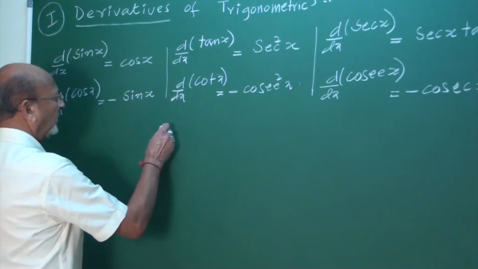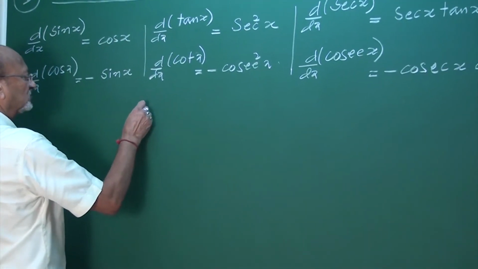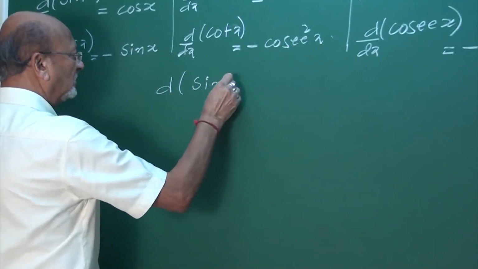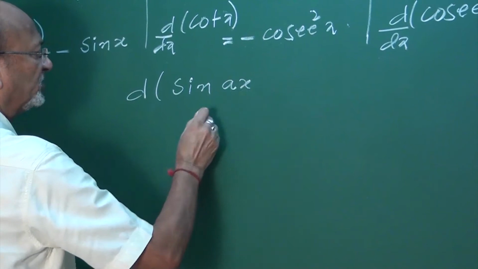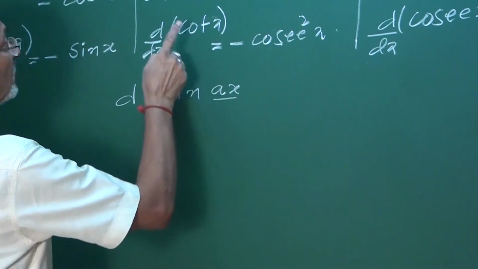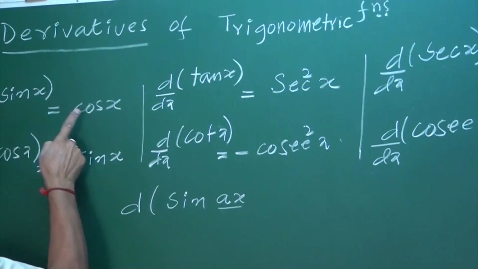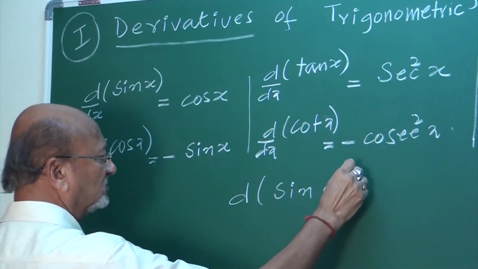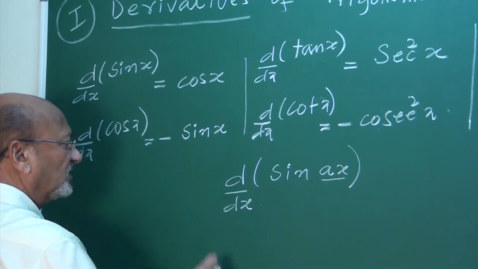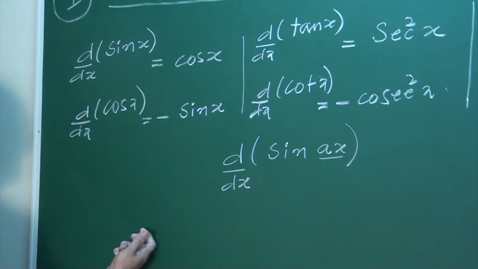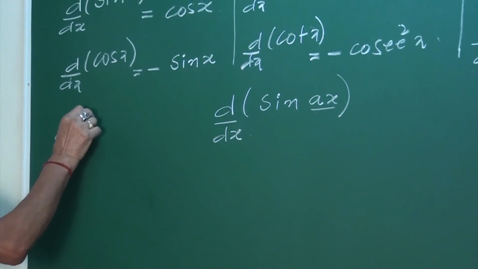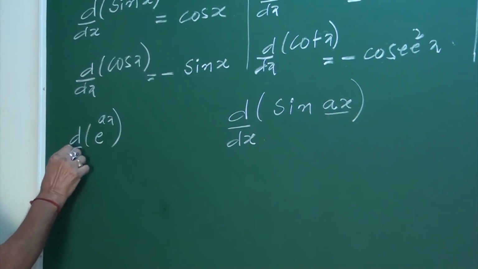In general, take the derivative of sine of ax with respect to x. What is this ax? It is an angle other than x. I have proved a similar case: the derivative of e to the power ax with respect to x.